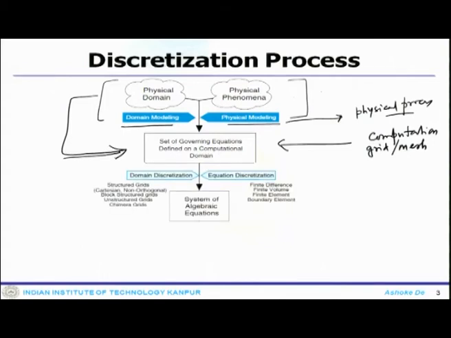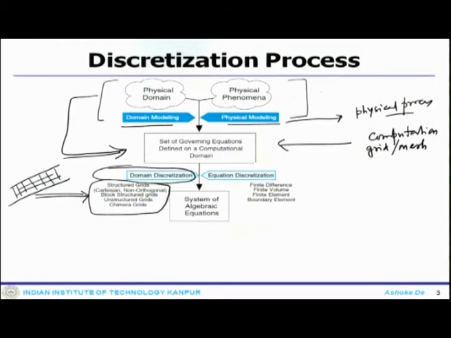So, essentially the physical problem is now transferred to a computational system. Now, you again have two sets of tasks. On one hand you need to discretize the domain. This is called domain discretization. If I have a channel like this, I have to discretize it, and the domain discretization will lead to different kinds of grids, which we have already talked about in our previous lectures. It could be a structured grid, a block structured grid, or an unstructured grid.